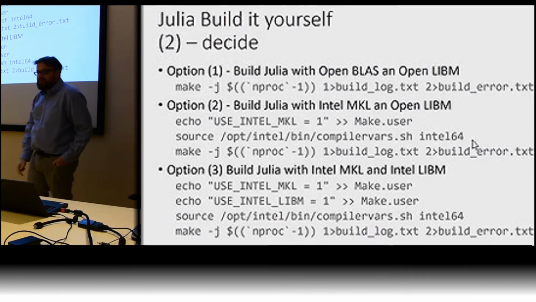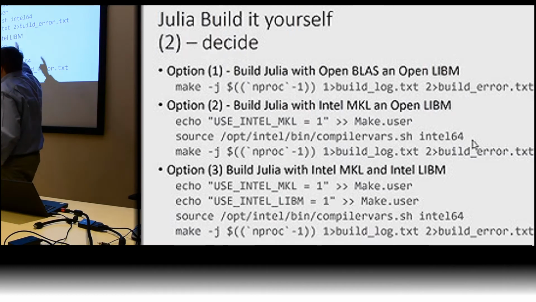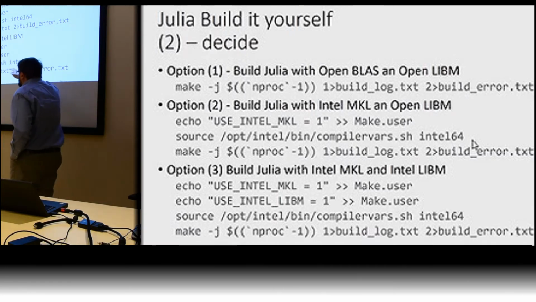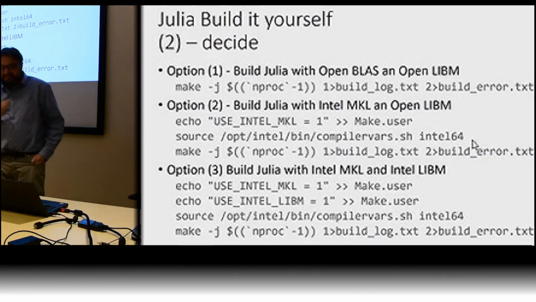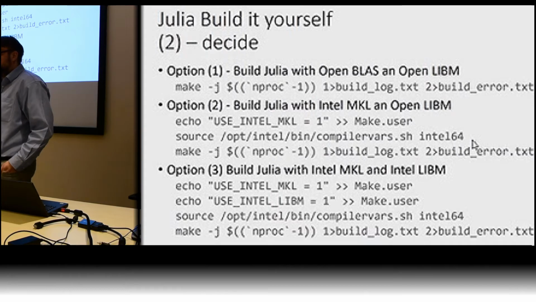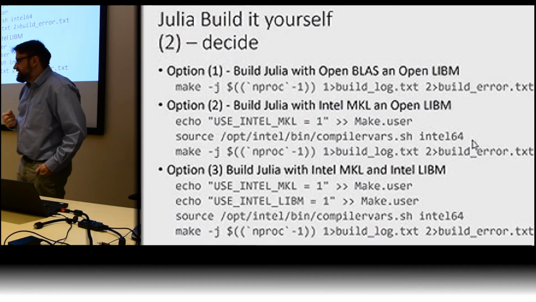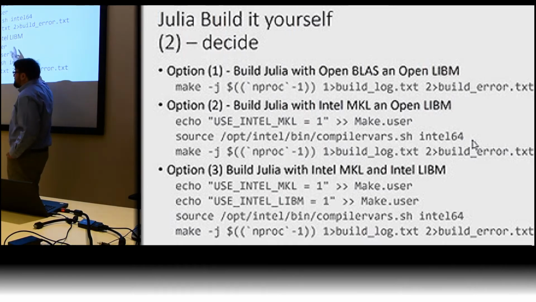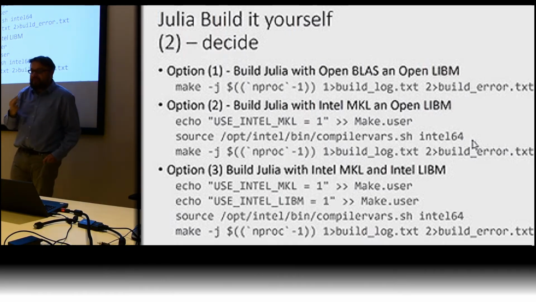So if, for example, I'm using Julia Pro, it has been built with Intel Math Kernel Libraries, but without Intel libm. Intel libm is for the highest computational performance. It contains some additional computational libraries designed specifically for Intel processors. And the point is that those libraries, libm, are normally a paid version.